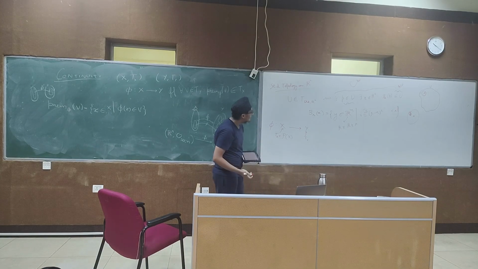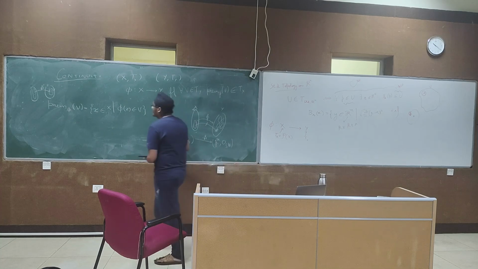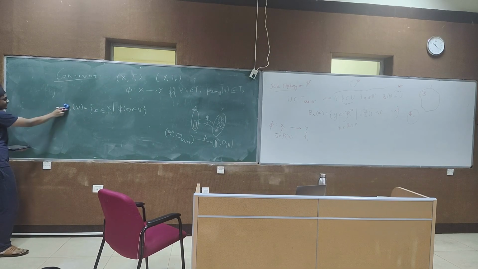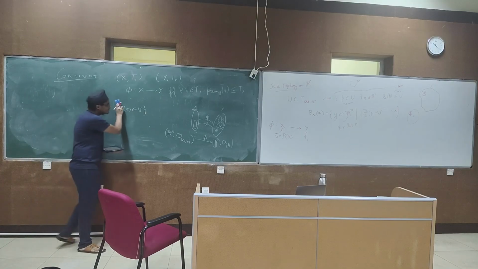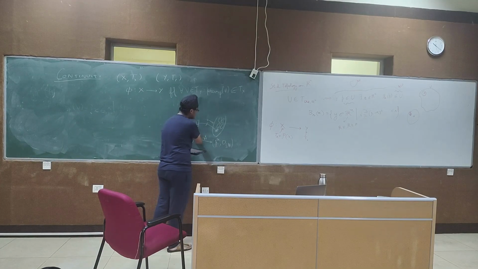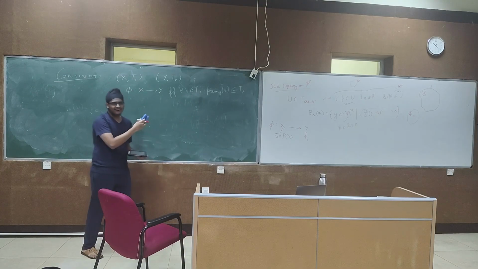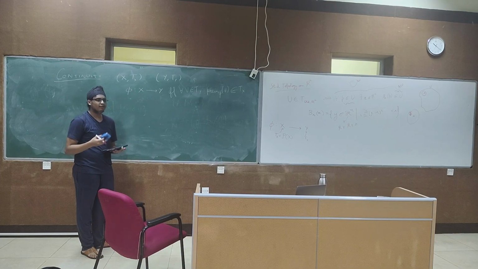Okay. Now, while you studied vector spaces, you studied linear maps, right? So linear maps are maps which map linearly from one vector space to another vector space. But what was the importance of those maps? They were structure preserving maps in vector spaces.